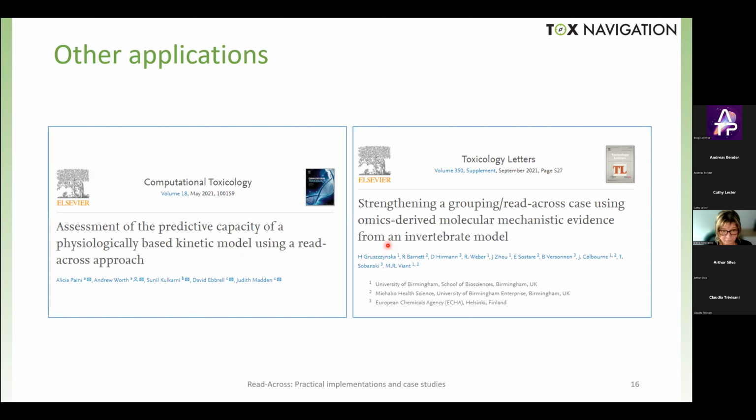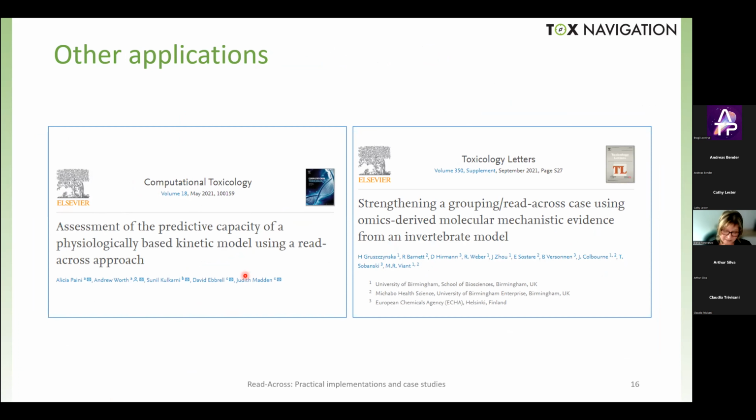Read-across can be applied in different ways. One that I find good is to search and select a PBPK model by reading across. So you find molecules for which a model has been developed that are similar to your molecule.